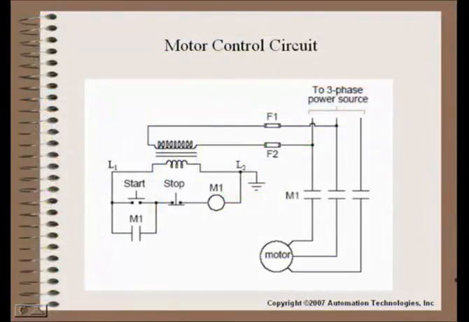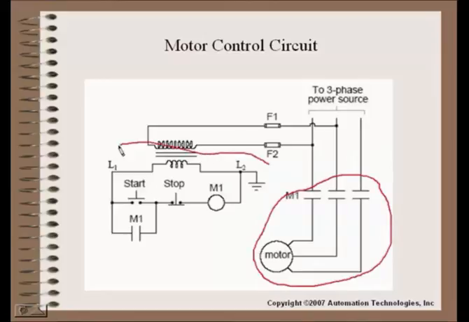Okay, let's stop for a second and step a little bit back outside the PLC and talk about what's really happening and what you're doing. What we have here is a standard motor control circuit. You have a three-phase motor right here, and you have your control circuit over on this side.